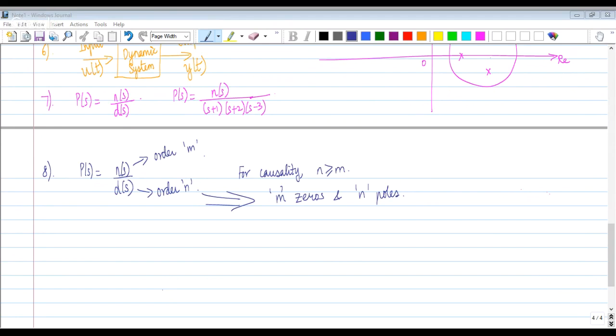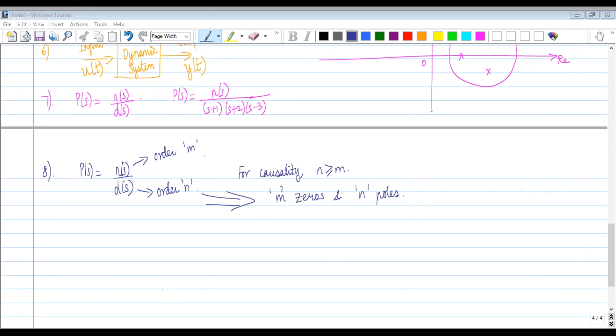See, the point is, the moment we say the system is stable, that means the transfer function has all poles in the left half of the complex plane. The moment all the poles of the system transfer function are in the left half plane, you give me any bounded input, the system is always going to give you a bounded output. So that's the answer to that query.